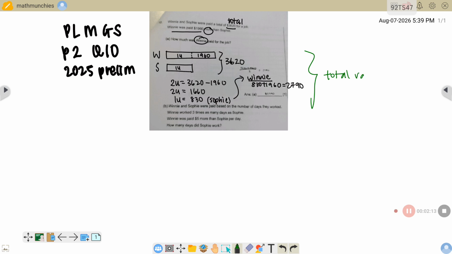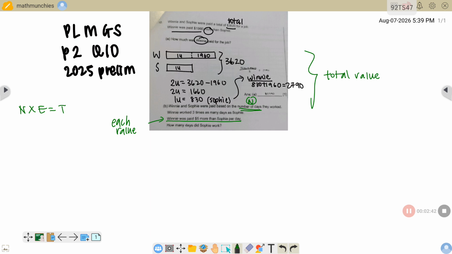And they say number of days, that's the N. When I see number of days and total value, I must ask myself whether there is an each value. Yes: Winnie was paid $5 more than Sophie per day. So this is the each value, which means there is a very high chance this is a grouping concept question, and I can use N times E equals the total value.